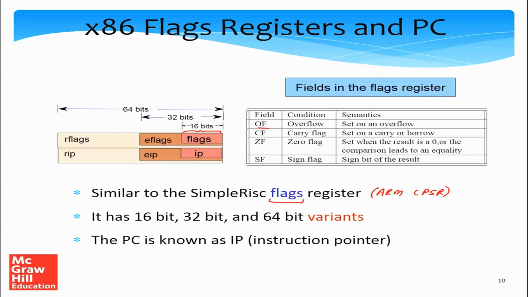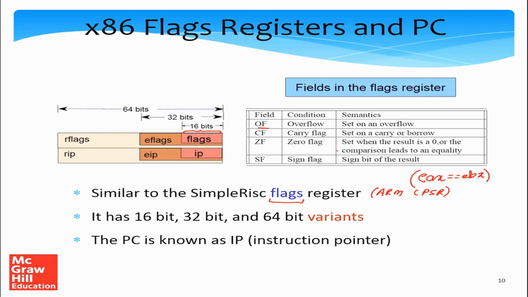Then we have the zero flag ZF, which is set when the result of a comparison, or the result of any other instruction which can set a flag, has led to an equality. So let's say, in terms of assembly language, we are comparing registers EAX and EBX. If EAX is equal to EBX, I'm writing equal to in C style, if they are the same value, the zero flag will be set.